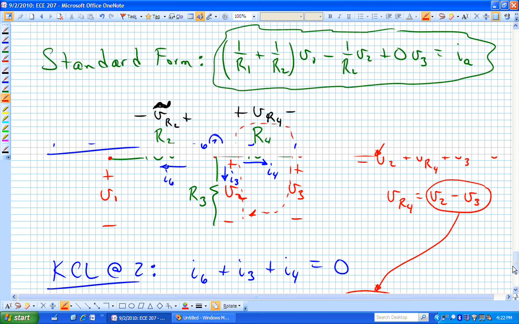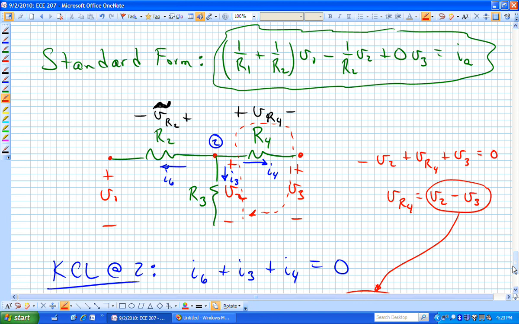Just to derive my formulas or my equations. But I really haven't changed V1, V2, and V3. It's just that in this particular case, for node 2, I'm wanting to find the current going to the right through resistor R4.